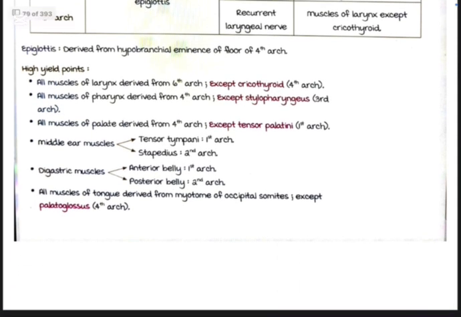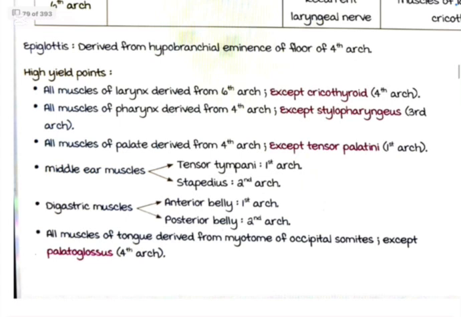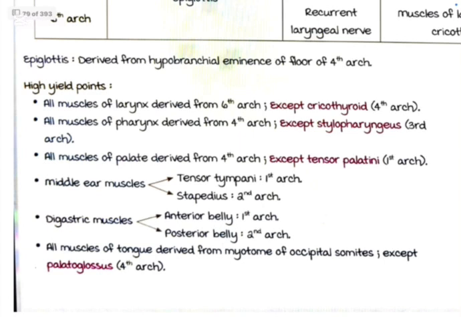High yield points. All muscles of larynx are derived from the sixth arch except cricothyroid, fourth arch. All muscles of pharynx are derived from the fourth arch except stylopharyngeus, third arch. All muscles of palate are derived from the fourth arch except tensor palatini, first arch.